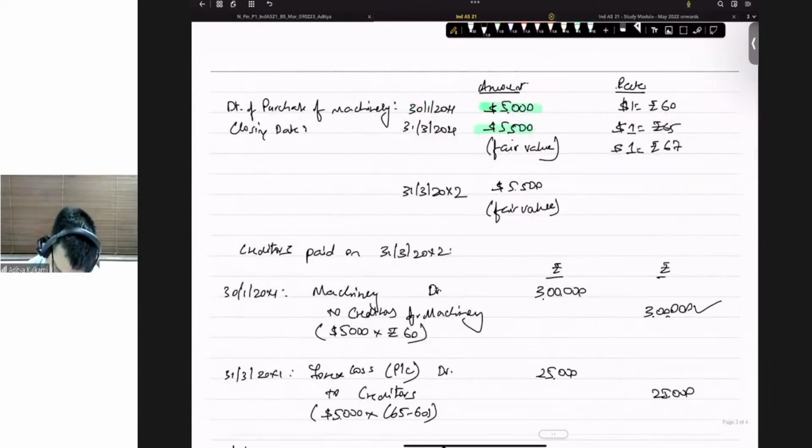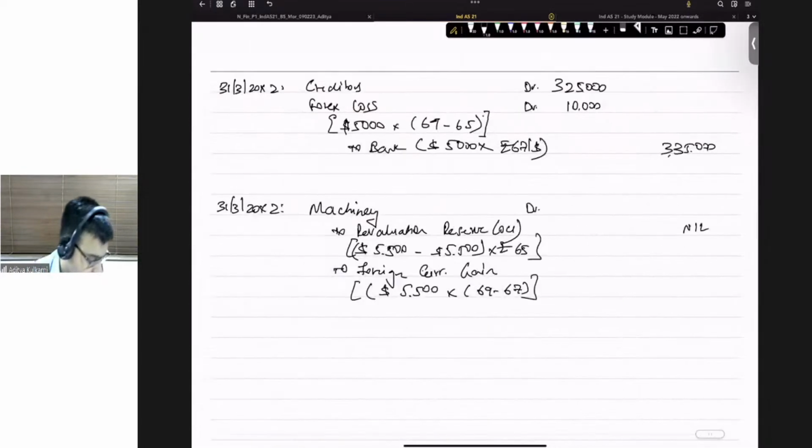Correct? 69, 67 minus 65. So this gives you 11,000. Machinery account debited will be 11,000.